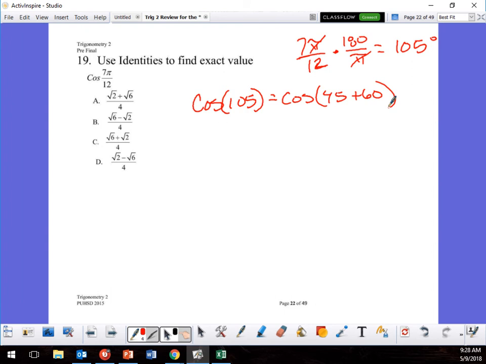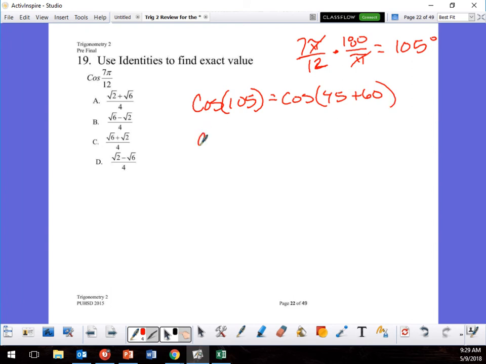Now, at this point right here, I identified what I have. This is an addition, so I have to go to my reference sheet and actually find it. So, the formula for this one, it's going to be cosine cosine minus sine sine, right? Yes? Okay, so I know you guys are looking at that.